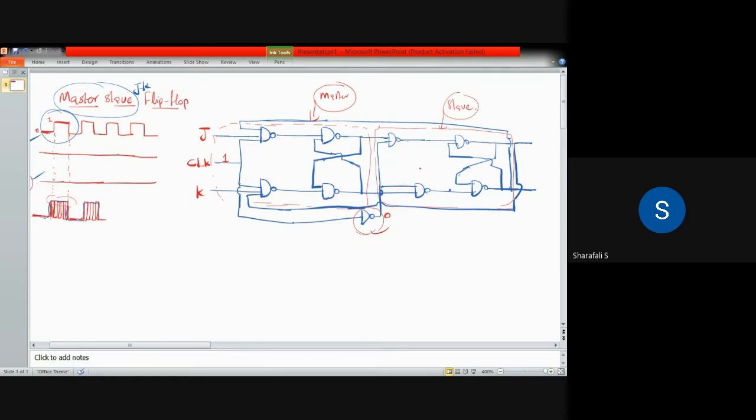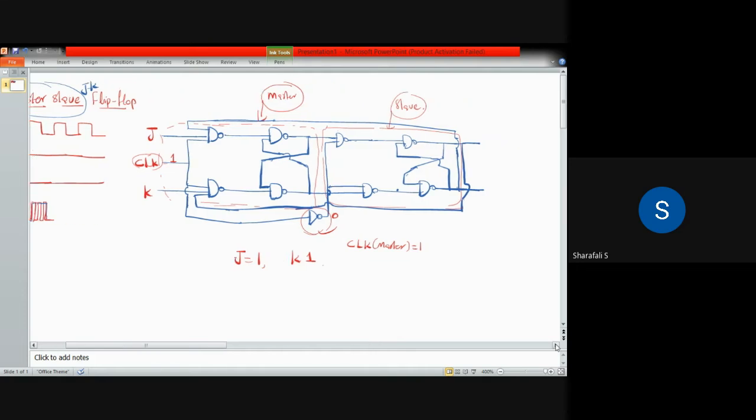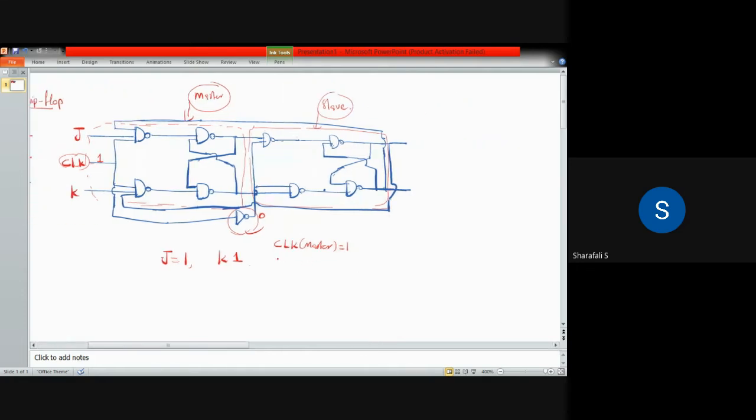In other words, when J equal to 1, K equal to 1, let's first consider J equal to 1, K equal to 1, and let's consider clock with master equal to 1, and clock with master equal to 0.